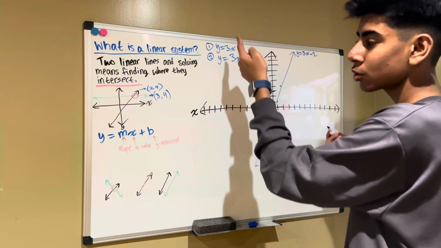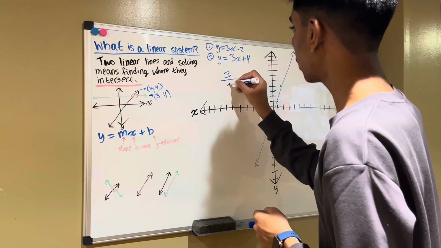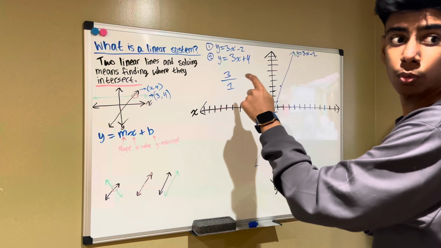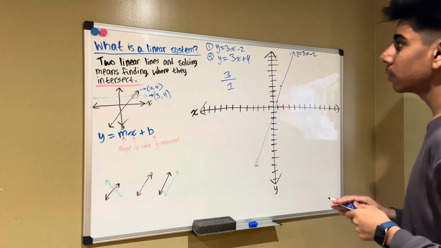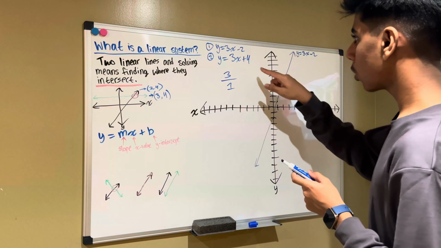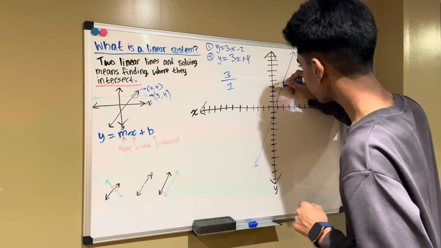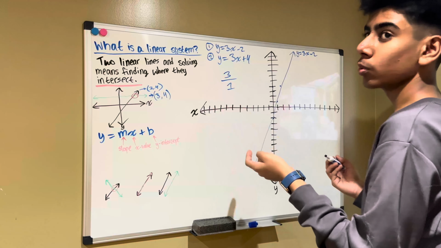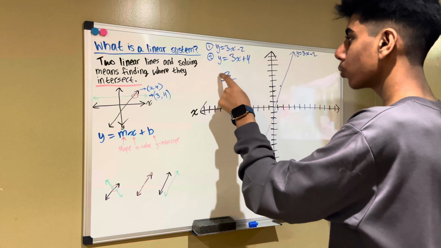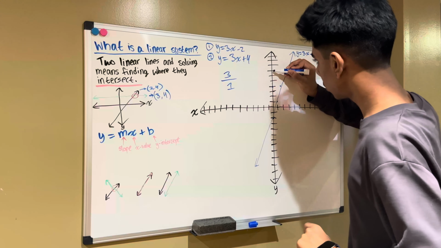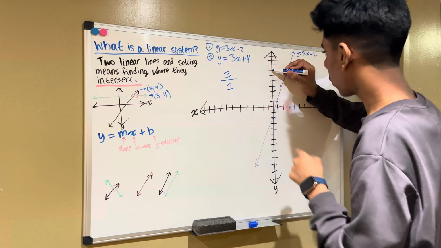So we see the slopes are the same, so the same goes for here. That is the rise, and that is the run. So we go with the y-intercept, which is 4 right here. Now, with rise over run, rise 3, 1, 2, 3. And then run once, 1.